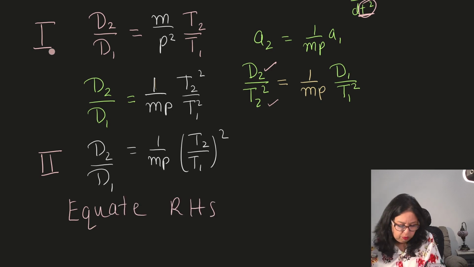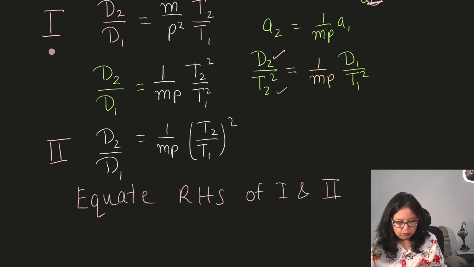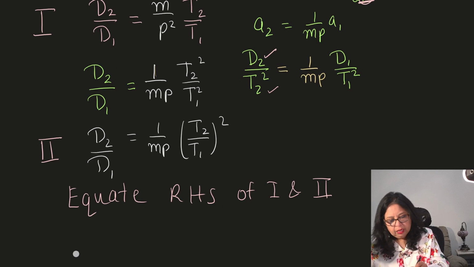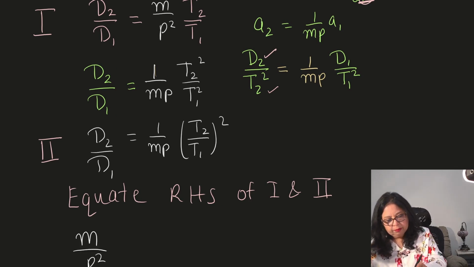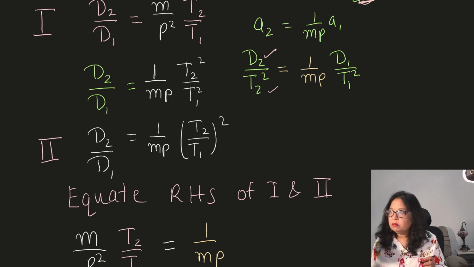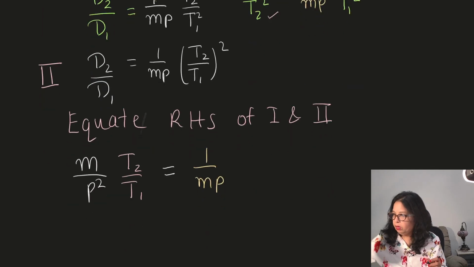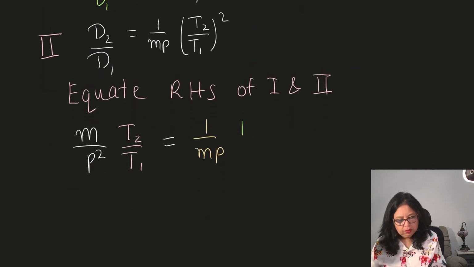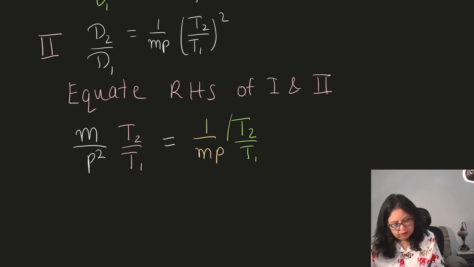That gives me m divided by p squared times T2 over T1 equals 1 over mp times T2 over T1 squared, right?